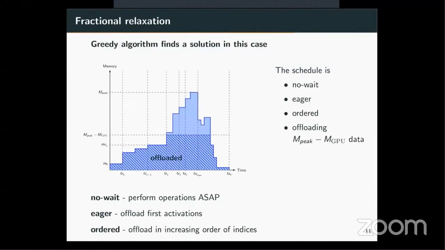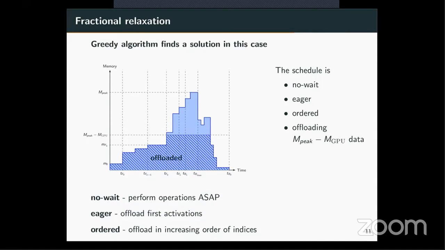Let me briefly explain the idea of our greedy algorithm. The picture on the slide shows an example of how the memory profile evolves within one iteration depending on the operation in process. The memory peak is reached somewhere during the backward propagation. In order to cross this peak, while we only have limited memory available, which is mGPU, we need to offload at least mpeak minus mGPU data to the memory of the CPU.